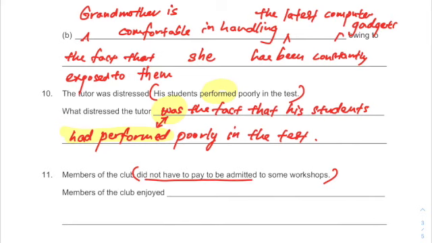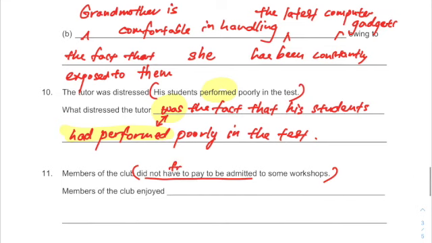So did not have to be paid to be admitted has to change, right? So they enjoyed, did not have to pay becomes free, and admitted becomes admission. All right, so members of the club enjoyed free admission to some workshops.